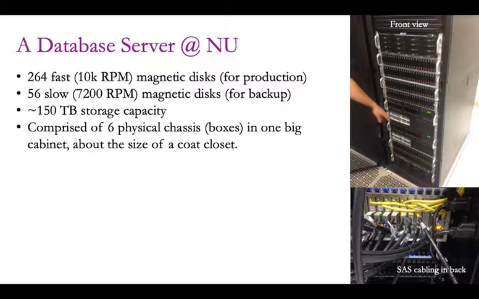There also were some slower disks for backups. In total, this is 150 terabytes of storage, probably 50 times what you'd have on a laptop, or 100 times, depending on whether you're using SSD or magnetic.